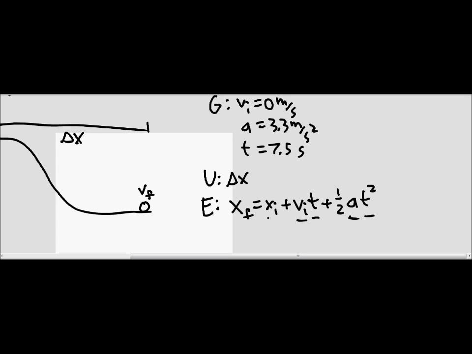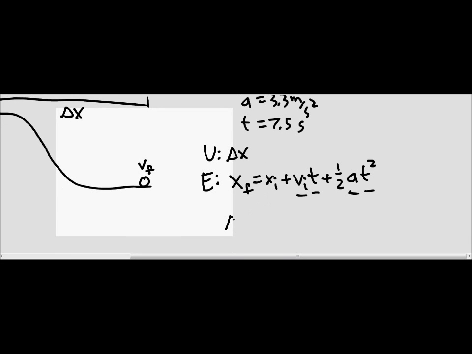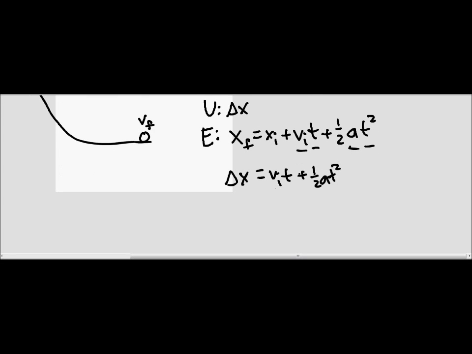The initial x position is 0, or if we just subtract it to the other side, we have the change in x is equal to the initial velocity times time plus 1/2 of the acceleration times time squared. And since it's already solved for what we're trying to find, we can just substitute the values straight in.